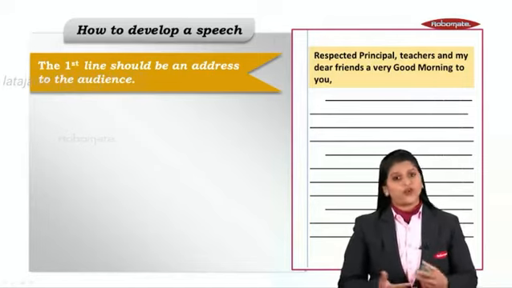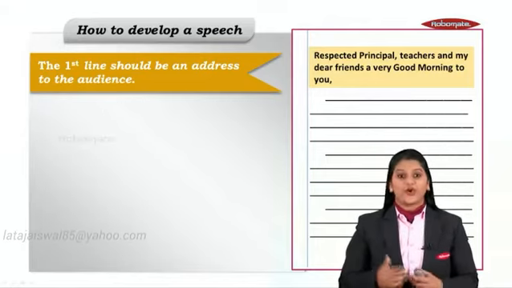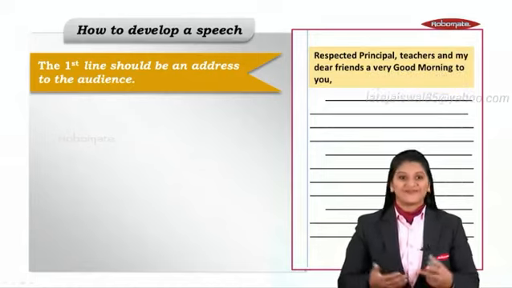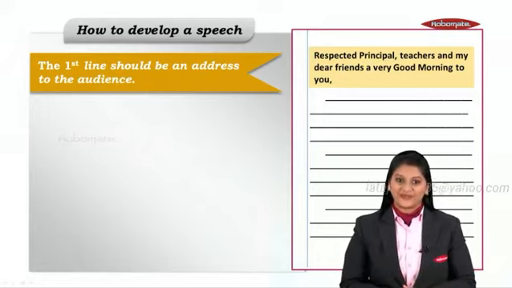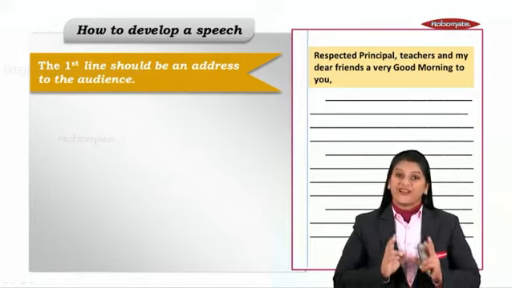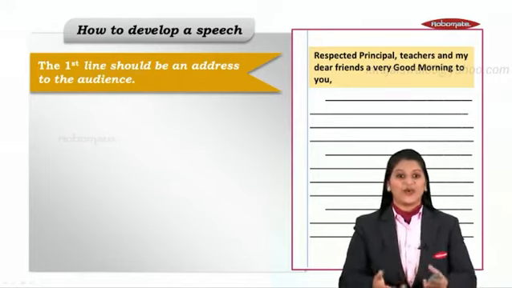But what if you're not giving a speech in school? No problem. Your address to the audience could also be as short as, hello friends, good morning to all of you.